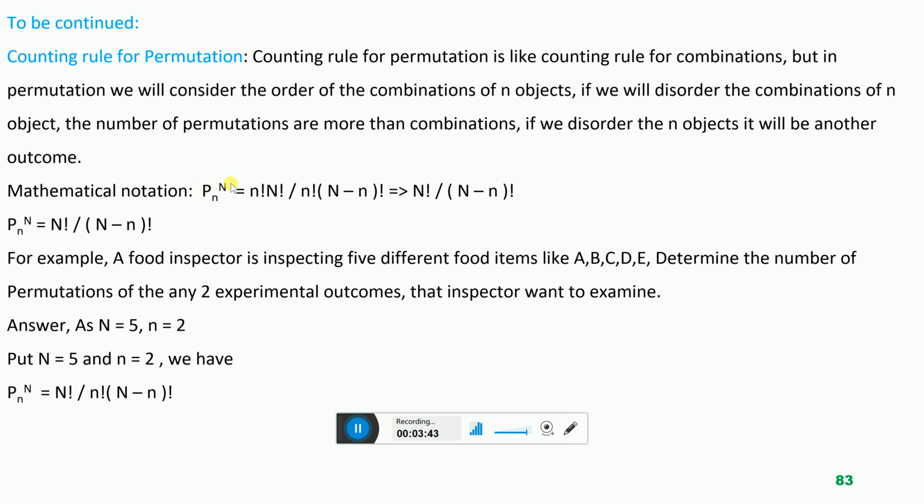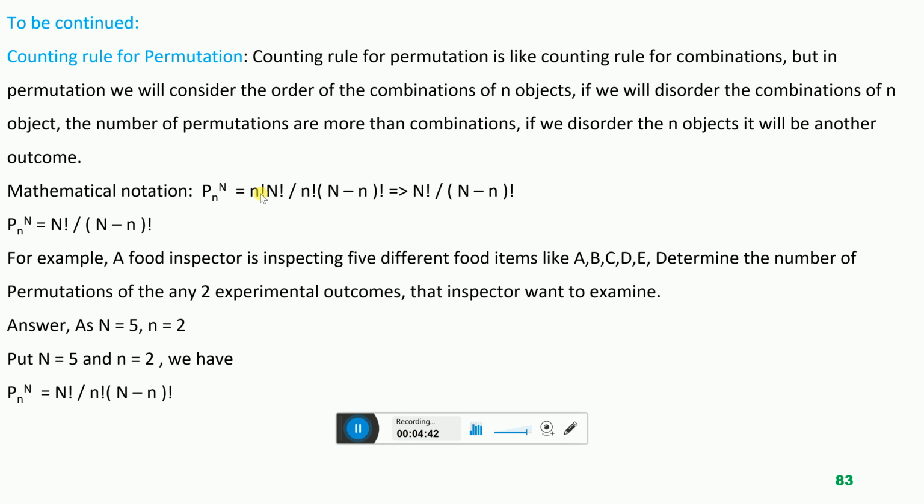This P represents permutation, this capital N represents the large group of objects, or the large group of experimental outcomes, and this small n represents the group of items, the subset of the large set, that we choose from it in combination form.